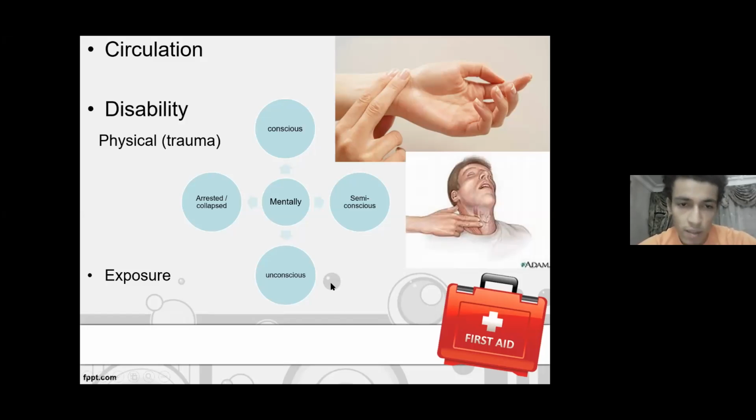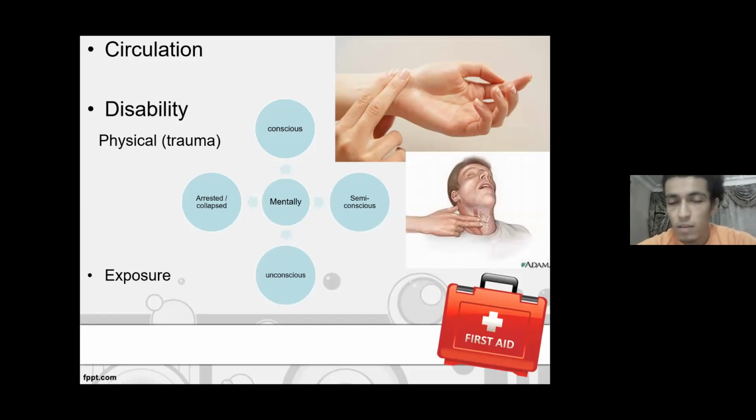If he's unconscious, the difference between unconscious and arrested is this: if he didn't reply, we will stimulate pain at the head, like moving his ear, so he can feel pain and talk or make any movement. We can give a hit on the forearm, like this, forehead, sorry.